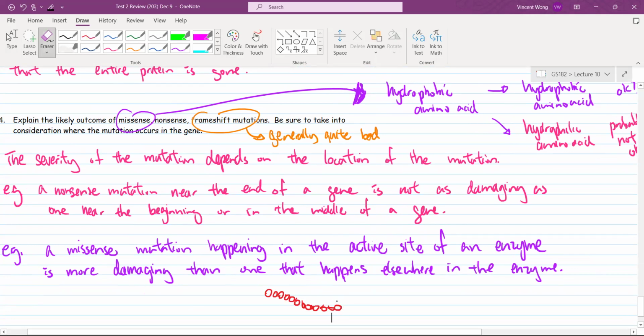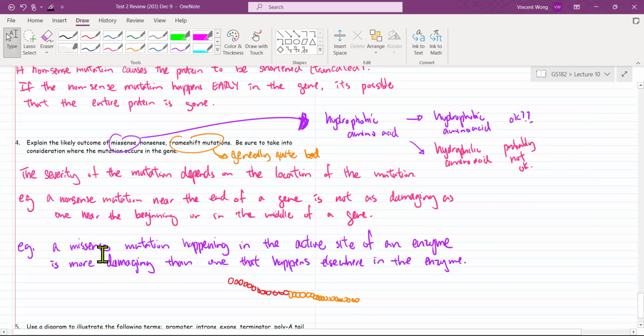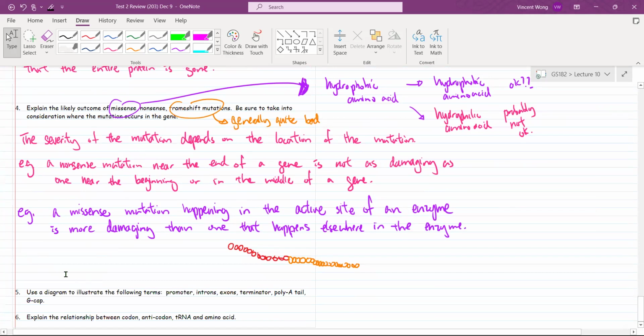But if you have a frame shift here because of insertion or deletion, then you will miss the original stop and you end up adding a bunch of extra things. And who knows how long this thing will be? So it's bad. Frame shift, beginning, middle, end, you don't want a frame shift mutation. So just take these things into consideration when you are reviewing.